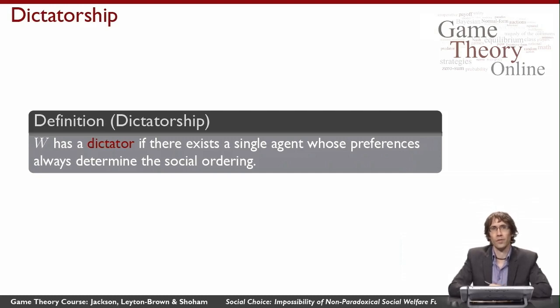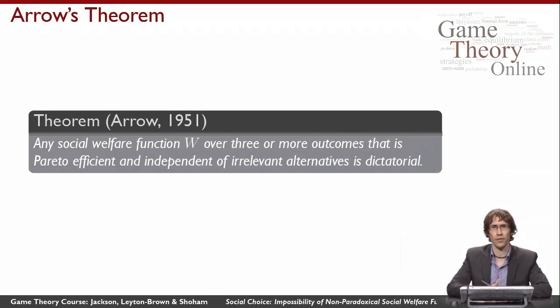Likewise, we would get independence of irrelevant alternatives for free because we're only going to care about the dictator's A-B rankings in order to decide the A-B ranking. And so we're not looking at anything else from any of the other agents. So we see we can satisfy our two properties from a dictatorial social welfare function, but dictatorial social welfare functions are pretty undesirable to us.